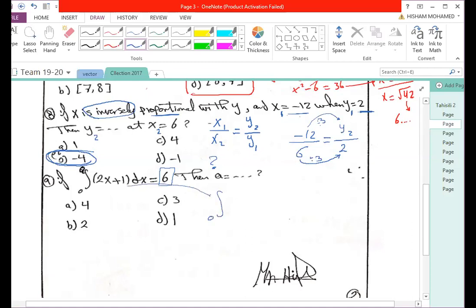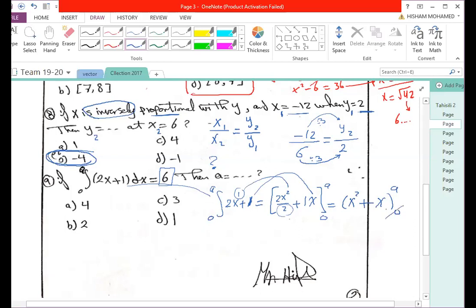The integration from 0 to a of 2x plus 1 is 2x squared over 2, because I'm adding 1 to the power, 1 becomes 2 and we divide by the new power, plus 1x. Any coefficient or any value, I give it x, from 0 to a. So it's equal to x squared plus x from 0 to a.